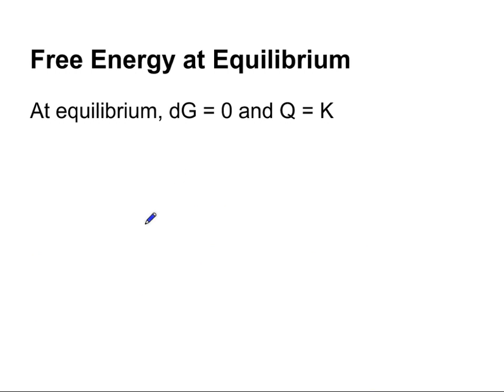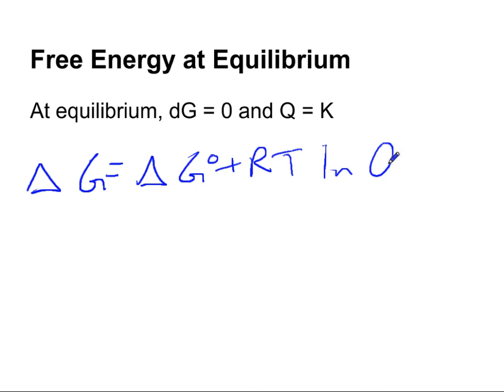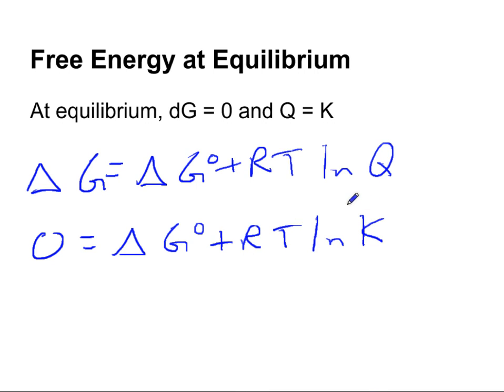Now, to calculate free energy at equilibrium, we can change that equation a little bit, because at equilibrium, delta G is equal to 0 and Q is equal to the equilibrium constant K. So our original equation was delta G is equal to delta G standard plus RT natural log of Q. Well, when we start to change it, delta G is 0, which is equal to delta G standard plus RT times the natural log of K, because at equilibrium the reaction quotient is equal to the equilibrium constant.